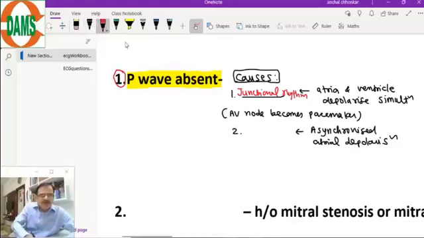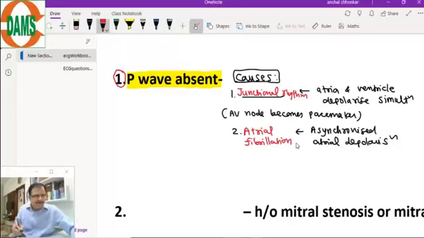The second cause of absent P wave is asynchronized atrial depolarization, atrial fibrillation. Third one, P wave can also be absent in PSVT, paroxysmal supraventricular tachycardia, that we will discuss in the arrhythmia section.